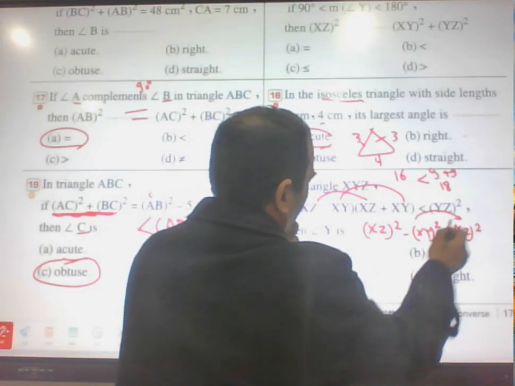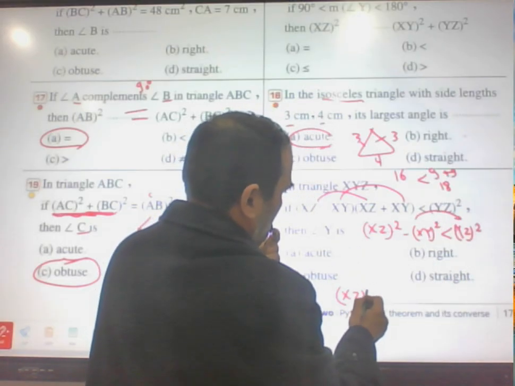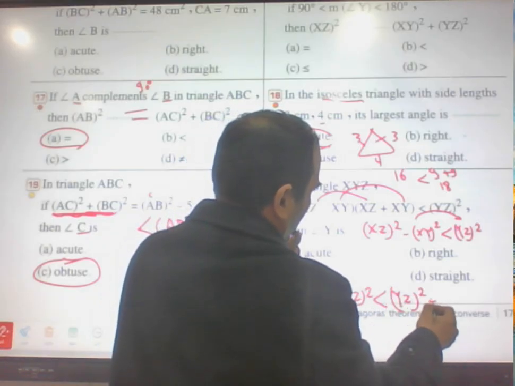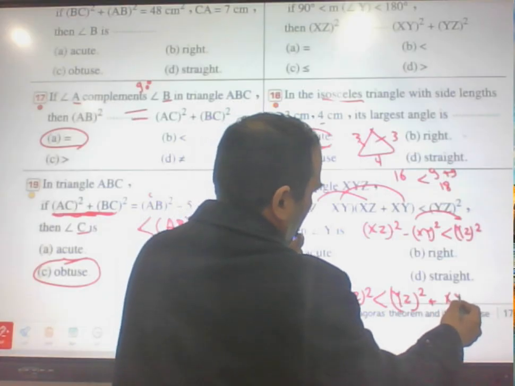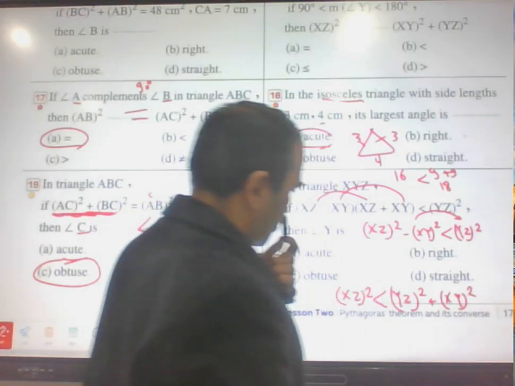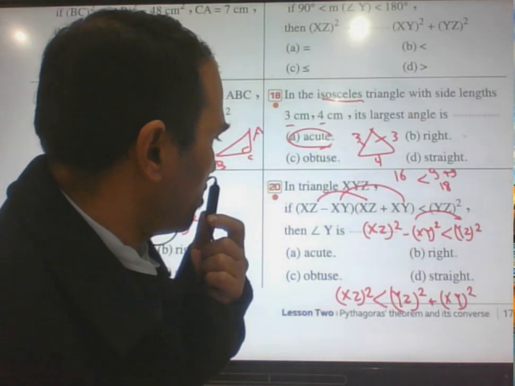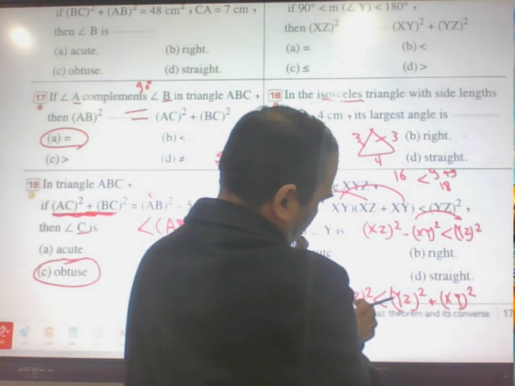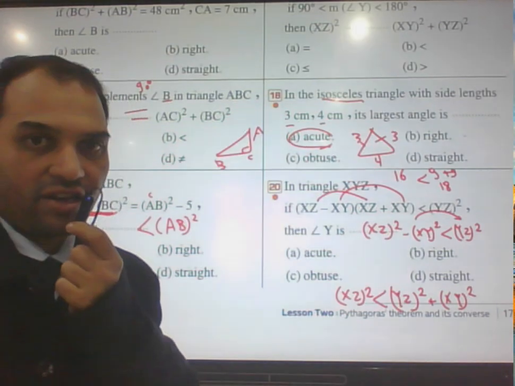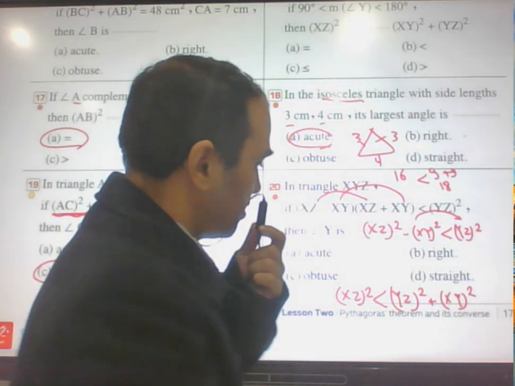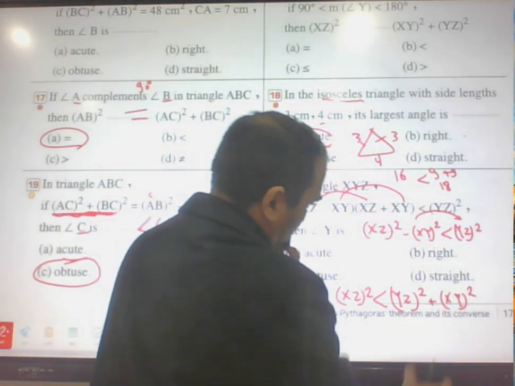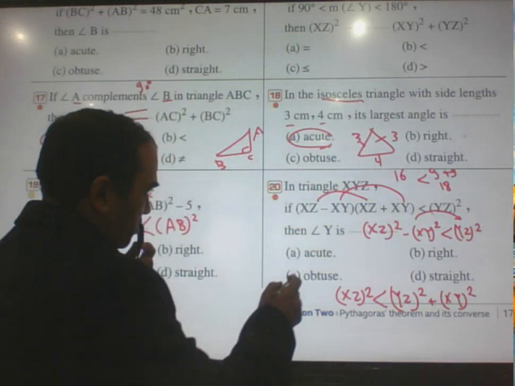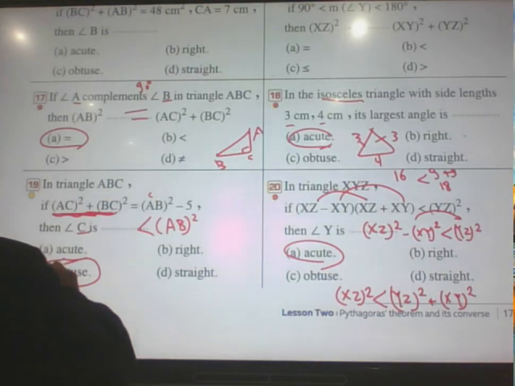Then we can move it, so XZ power 2 is less than YZ power 2 plus XY power 2. What is the type of this triangle? This side power 2 is less than the sum of the squares of the other sides. So we call this triangle an acute angle triangle. Choose letter E, acute angle triangle.